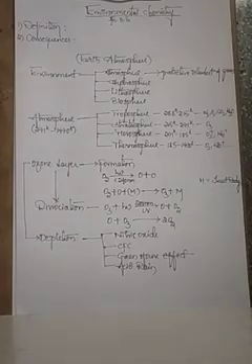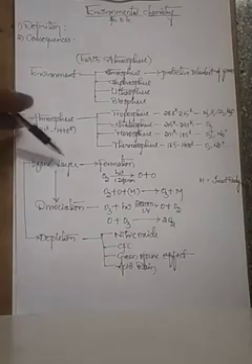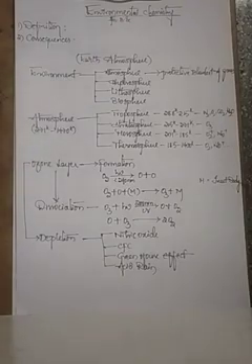And then the next one, that is ozone layer. What is ozone? Ozone is an allotropic form of oxygen. It is also a highly reactive, toxic or poisonous gas.